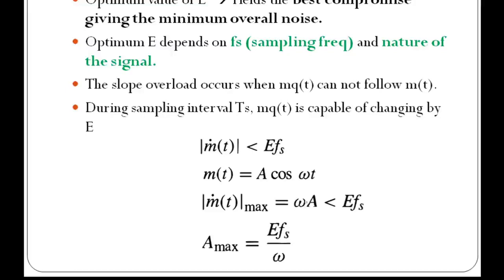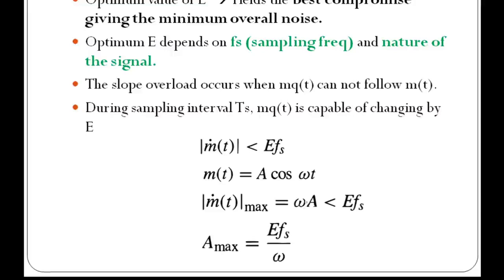Thus the maximum voice signal amplitude A max that can be used without causing slope overload in delta modulation is the same as the maximum amplitude of a sinusoidal signal of reference frequency 800 Hz that can be used without causing slope overload in the same system.